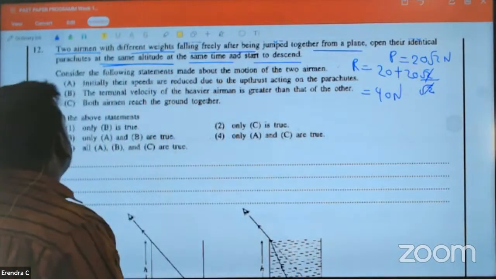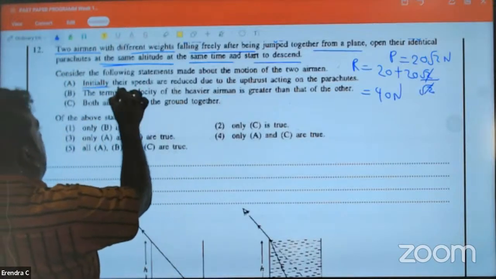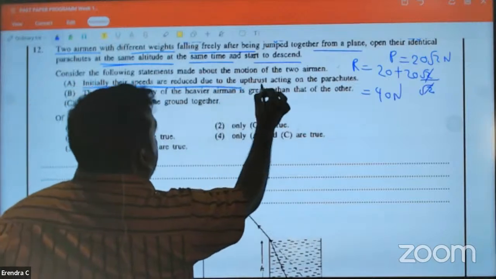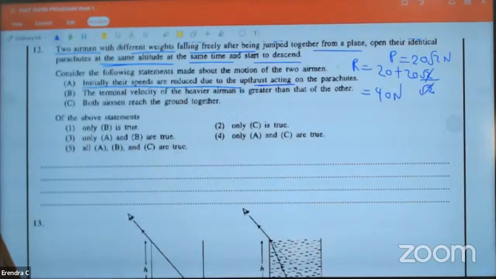Right. Now look at this carefully. Initially, their speeds are reduced due to upthrust acting on the parachutes. Can this happen?